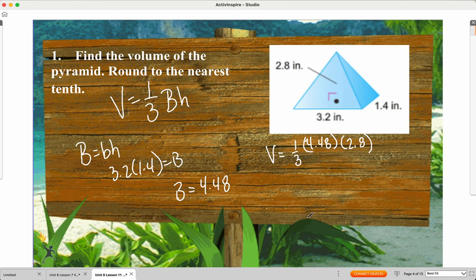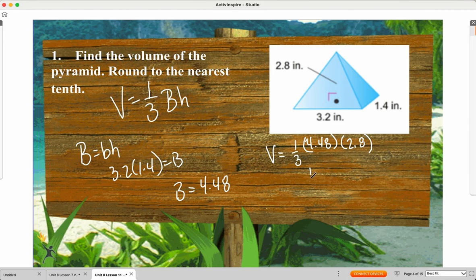Now, this is where it kind of comes in handy knowing some of your math and working your way through it. You can do it any way you want. I typically like to look, is there something I can multiply by 1/3 and get either a whole number or an exact math problem? In this case, none of them do. 4 + 4 + 8 is 16, 2 + 8 is 10, so they're not divisible by 3. So I'm going to go ahead and multiply them together times 2 8/10.